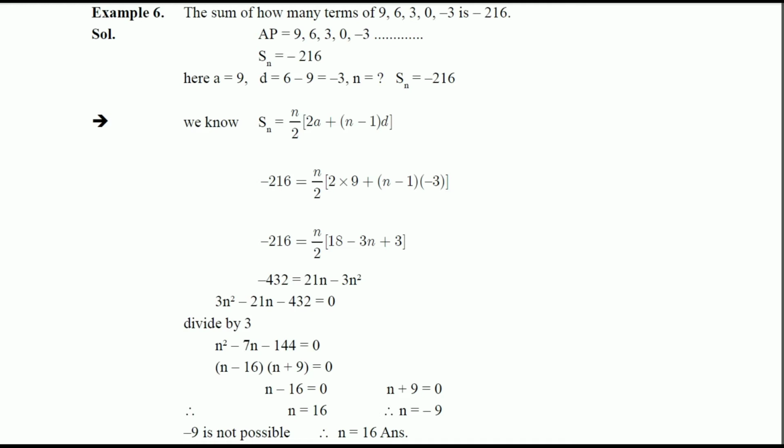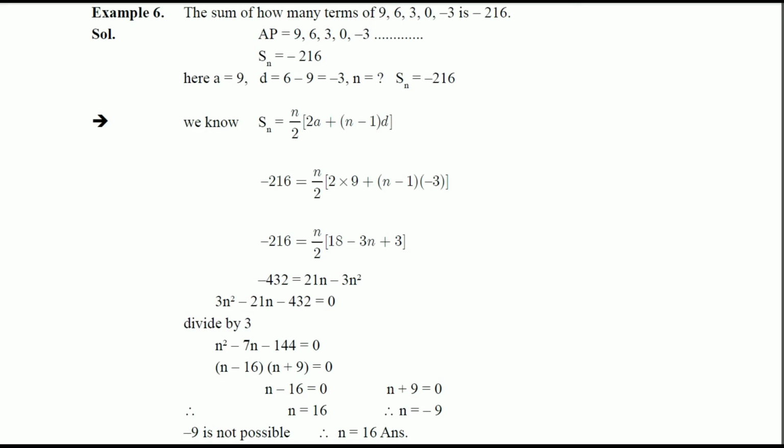Rearranging the terms, we have a simple quadratic equation: 3n square minus 21n minus 432 equals 0. This equation contains factor 3 common, so we divide by 3 and get the new equation n square minus 7n minus 144 equals 0.